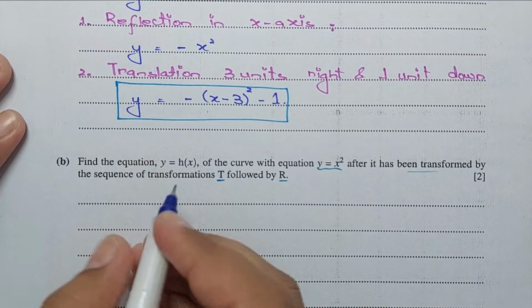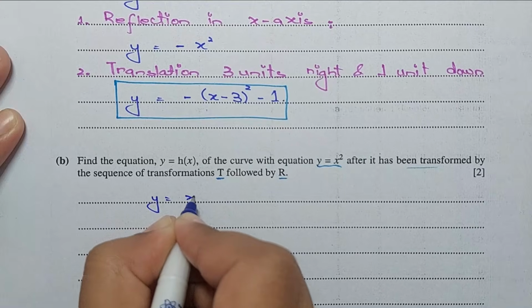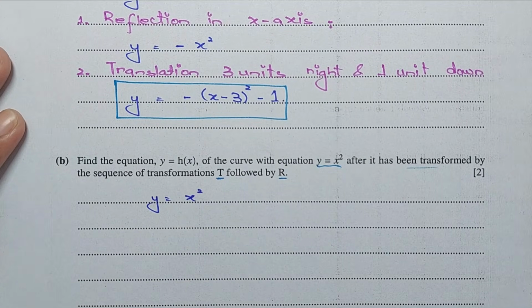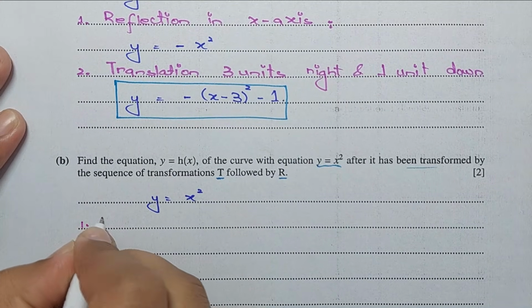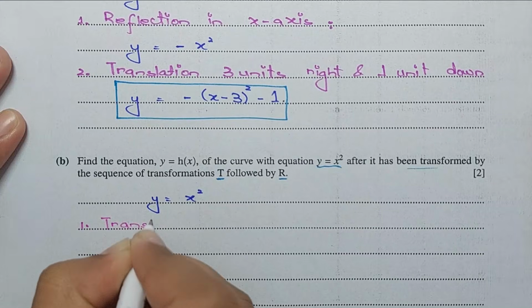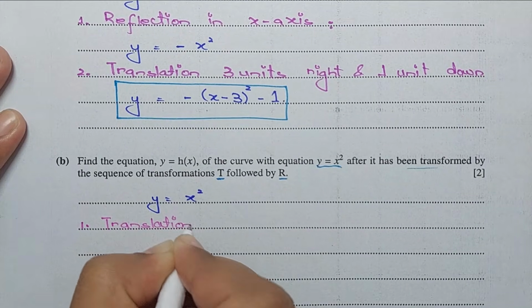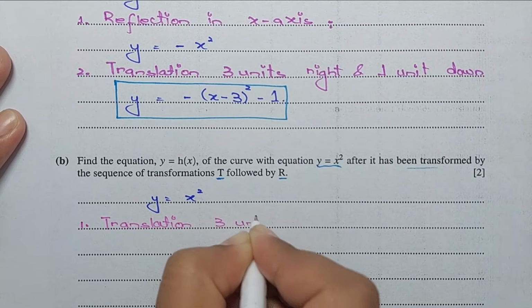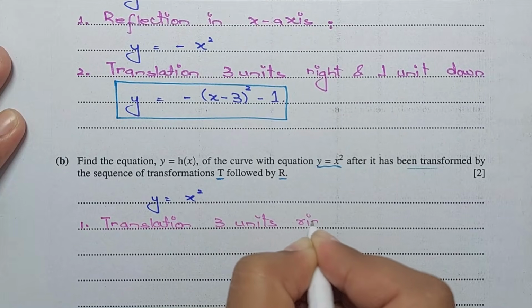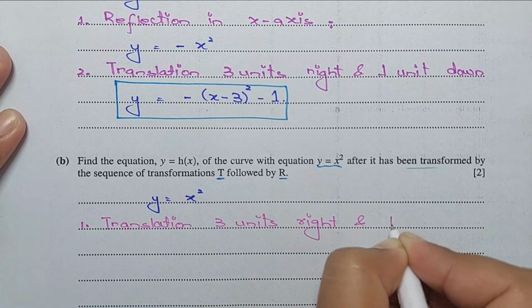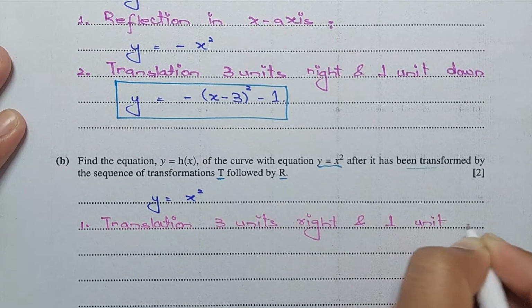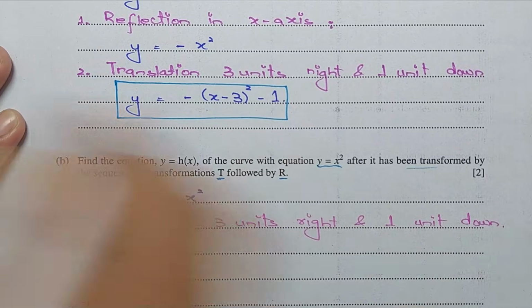Okay, let me write down the base function, which is y equals x squared. The first thing is a translation, 3 units right and 1 unit down. Let's do it.